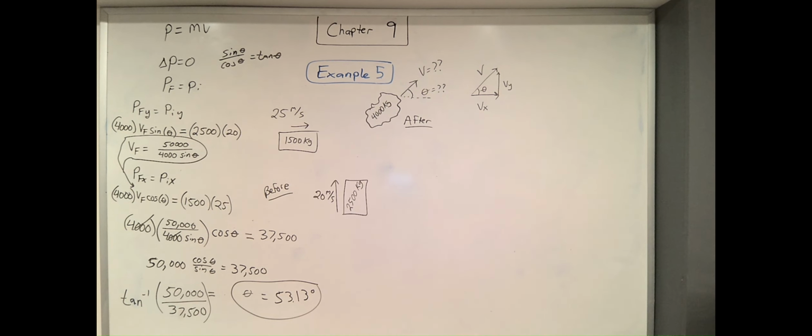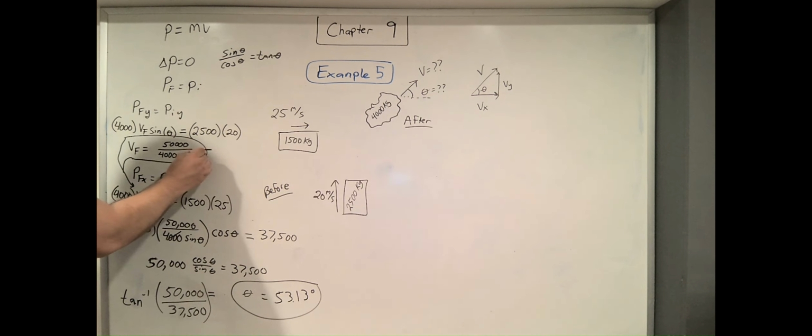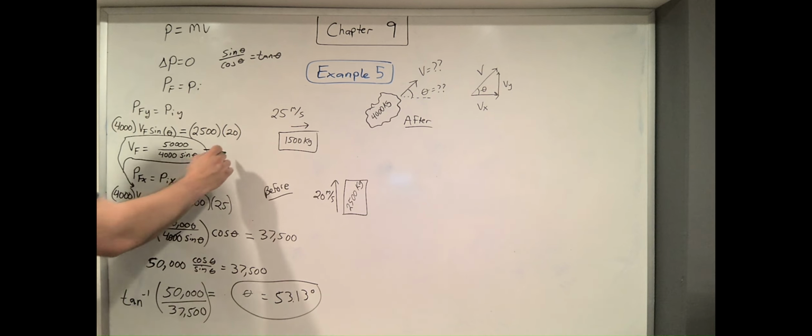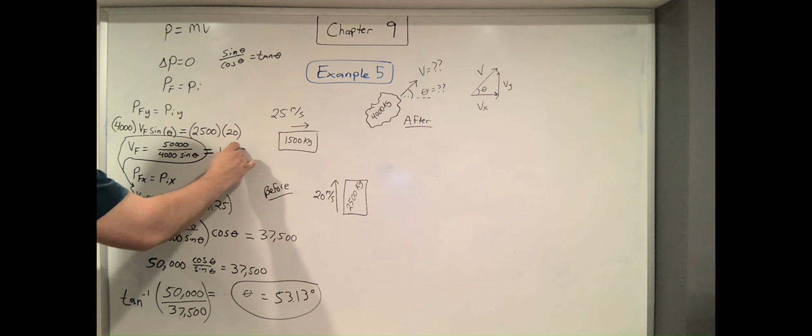So I'm going to take that equation: 50,000 divided by 4,000, and then either I need to put brackets in where I have sine theta, or I need to divide again by sine of 53.13. And that gives me a total of 15.63 meters per second.